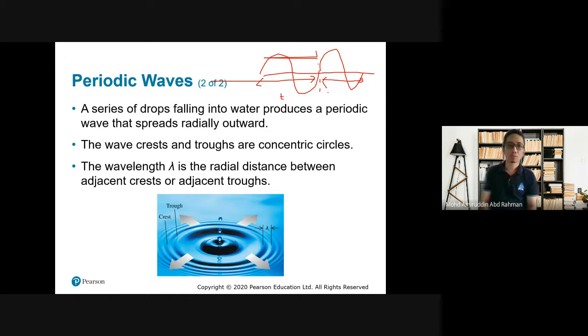Let's say we drop something into the water. Let's say the water is inside a pond, and we drop a rock into the water. We see that there will be a wave made from the drop of that rock. We can see the crest around that.